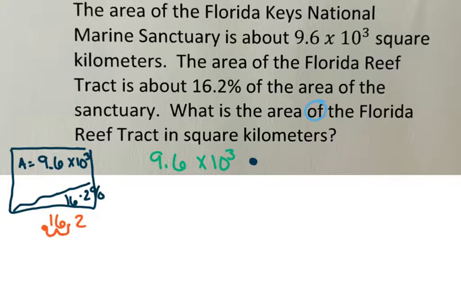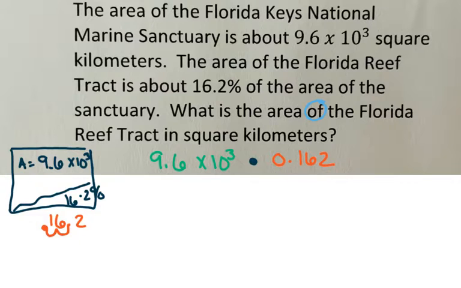So this becomes 0 and 162 thousandths. So I'm multiplying those. So we can multiply 0 and 162 thousandths times 9.6, or we can change this to scientific notation. Either way.